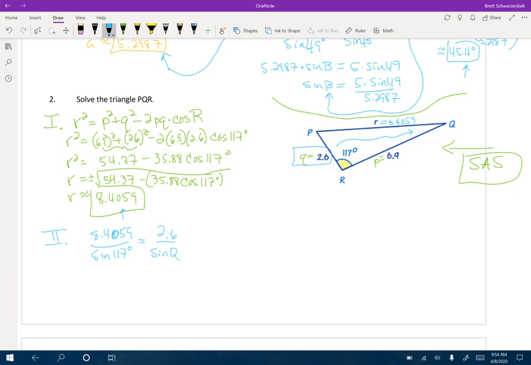So again, cross multiplication, we're going to get 8.4059 times the sine of Q is equal to 2.6 times the sine of 117. We have to divide both sides by our decimal value, 8.4059, and we end up with a scenario where we must use sine inverse to find the missing piece.